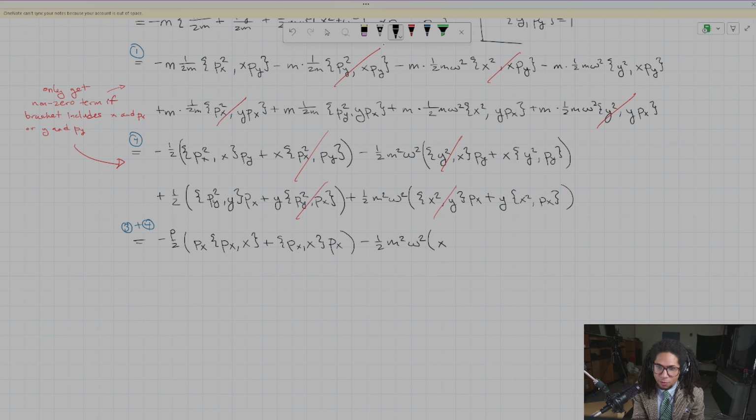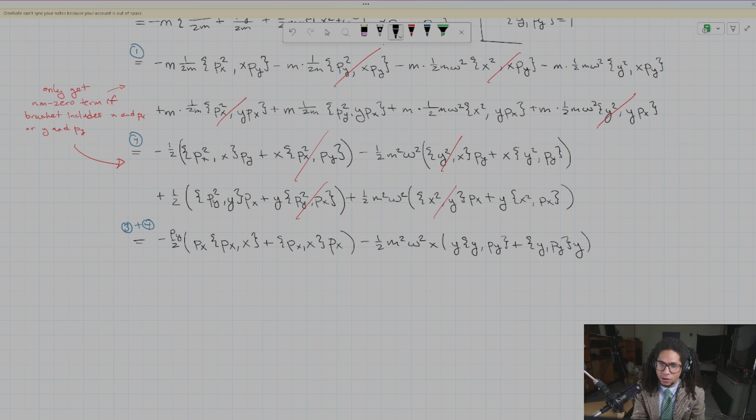I forgot to pull out my py. And in this case, I need to pull out my x. Okay, now I get y times y bracket py plus y bracket py times y. Good.